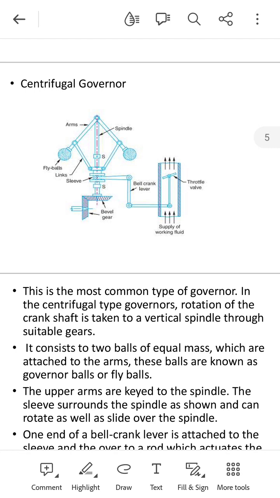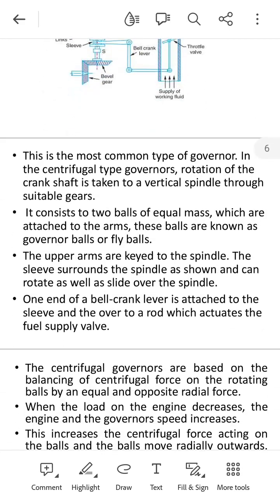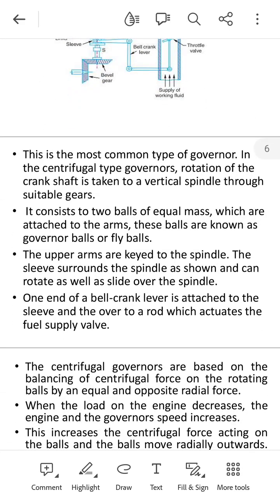Their upper arms are keyed to the spindle. The sleeve surrounds the spindle as shown and can rotate as well as slide over the spindle. One end of the bell crank lever is attached to the sleeve and the other to the rod which actuates the fuel supply valves. The centrifugal governors are based on the balancing of centrifugal force on the rotating balls by an equal and opposite radial force.